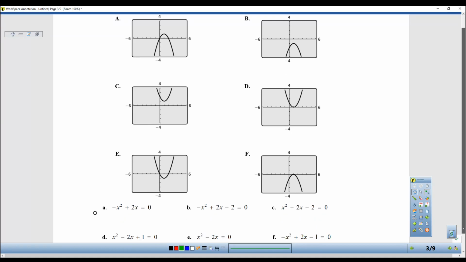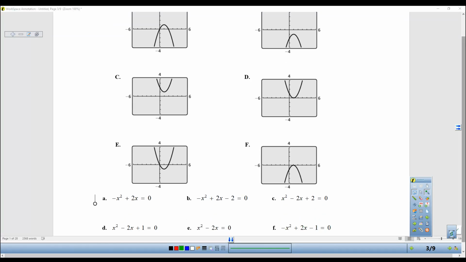So in this next section, I deleted the directions so I could fit it all on the same page, but it says, now look at each graph again and use the x-intercepts to find the real solutions of each quadratic function below. So the connection that I really want you to make today is when you're solving an equation, you're literally saying, what is the x that's going to produce 0?